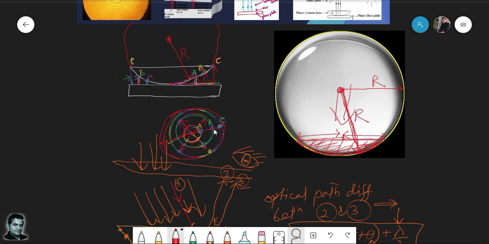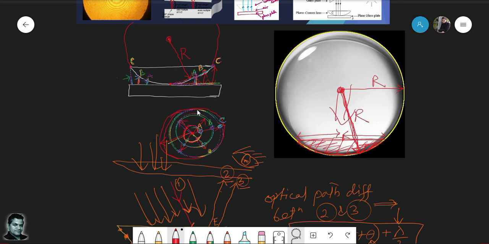So if a bright interference, constructive interference, is happening at the point P, then all the points on this ring will be bright because they have the same thickness. The condition is the same. Similarly, if this point C is where a dark fringe is appearing, then all the points along this circle will be dark.